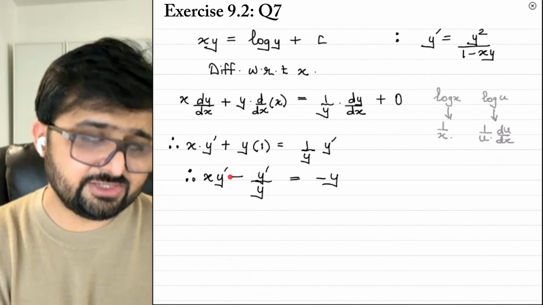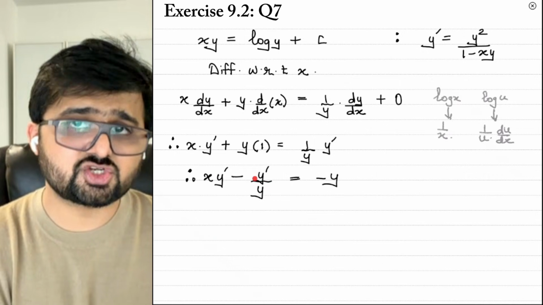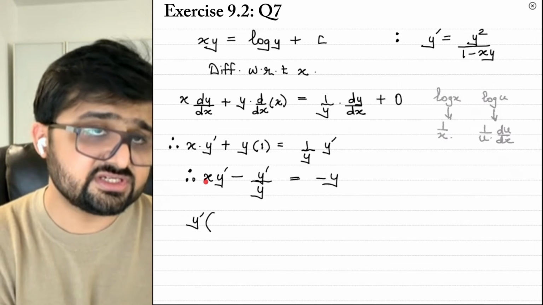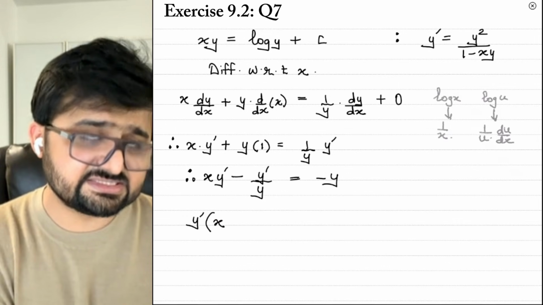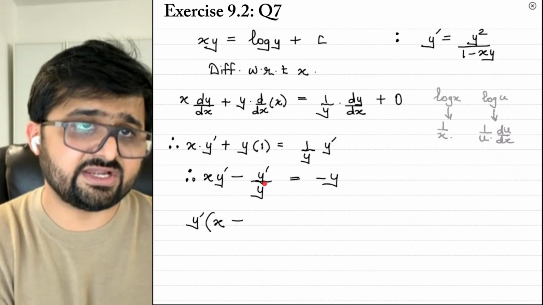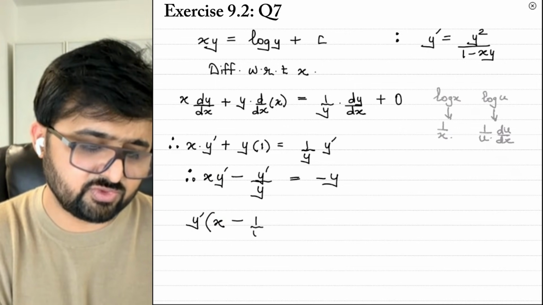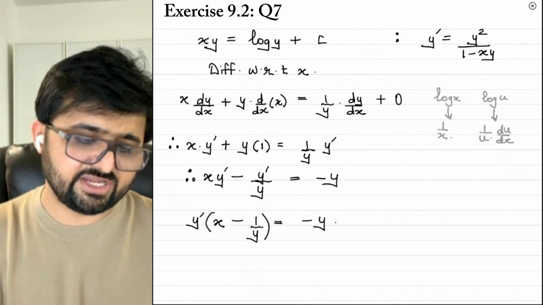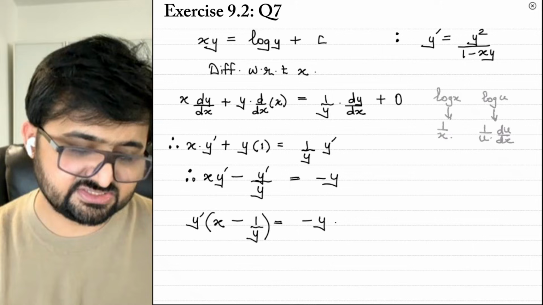Now in order to find y dash, let's take y dash common here. We get y dash, and if we take y dash common, we are left with x in the first term and minus 1 over y in the second term, is equal to minus y. I hope that makes sense so far.